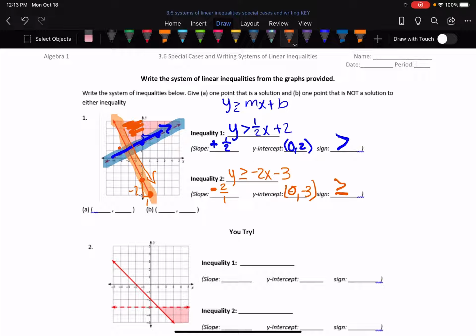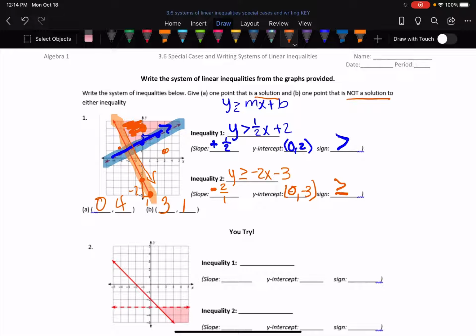And if I look there, for point A, they want a solution, and for point B, they want not a solution. So I would say a solution would be 0, 4, and not a solution could be 3, 1. So there is how you write your systems of linear inequalities when the graph is provided and you need the actual inequality.